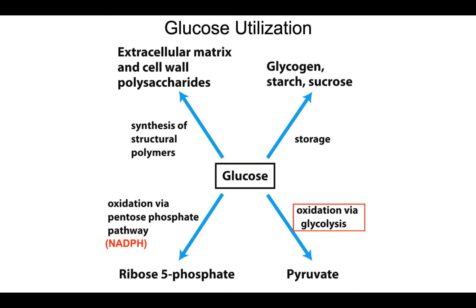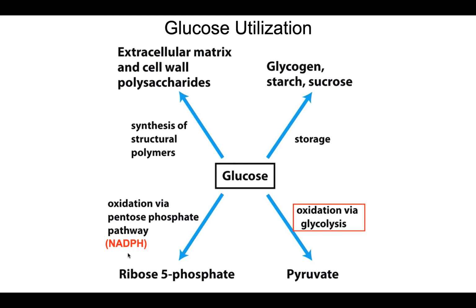But right now, what we're focusing on is glycolysis, turning glucose into 2 molecules of pyruvate in the cytoplasm of cells. Now, glucose can be used to do all sorts of things. We are focusing in this lecture on the oxidation via glycolysis to pyruvate. We can also use glucose to make ribose 5-phosphate. We'll then go on to make nucleic acids and also generate an electron carrier called NADPH.